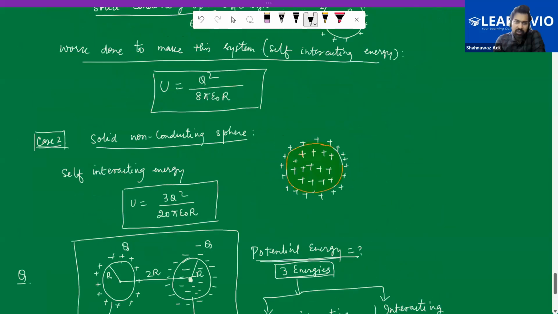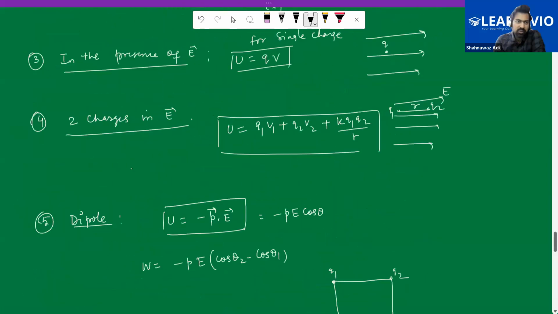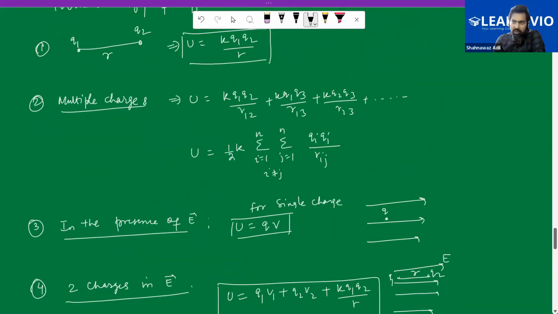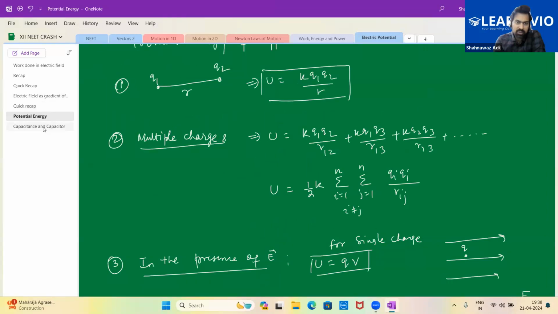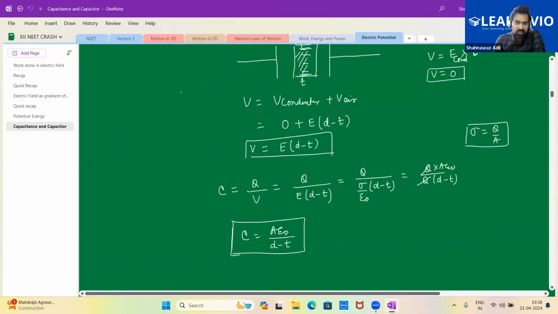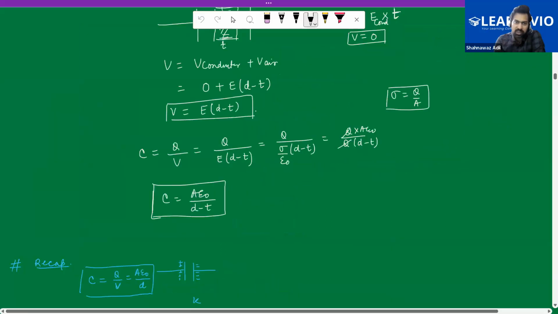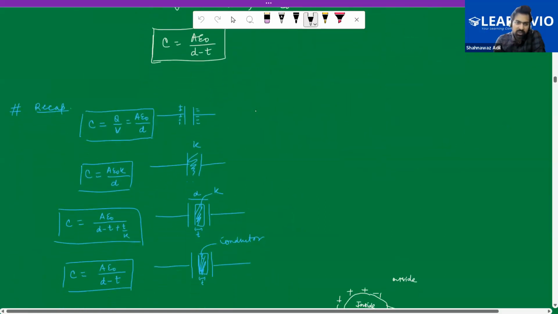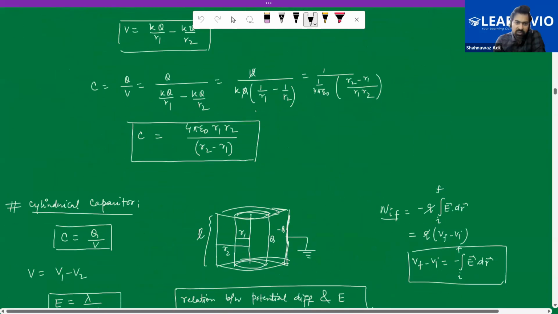And then this is all about the potential energy. Then let us do some questions on capacitor and capacitance. And before I do all these questions, spherical capacitor we have done, right?